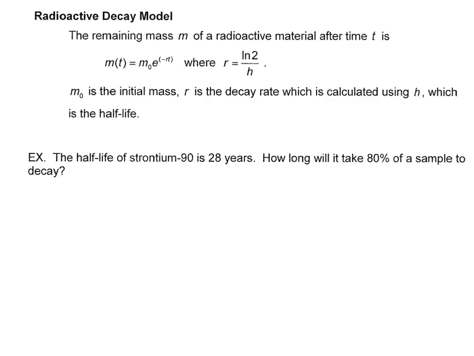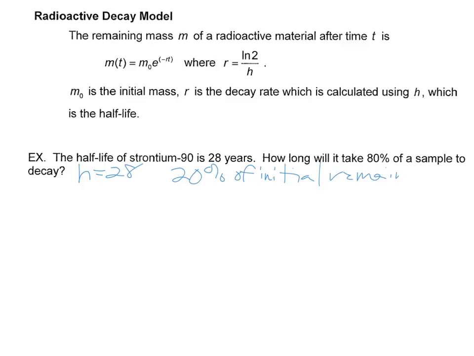Now you have to be careful, this is a little tricky. If the half-life's 28, that's h, and then it says 80% has decayed, and m of t is what you end up with, not how much has gone away. So if 80% has decayed, 20% of the initial remains.